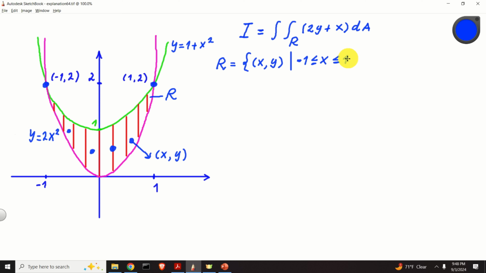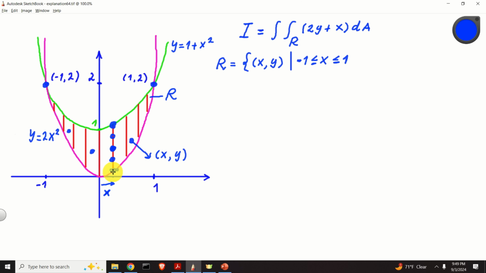Perfect. How about y? Well, let's consider this point over here. Its y coordinate is actually going from this boundary to this boundary over here. If the coordinate of this point over here, for example, is x, then the coordinate of any point on this line is also x.